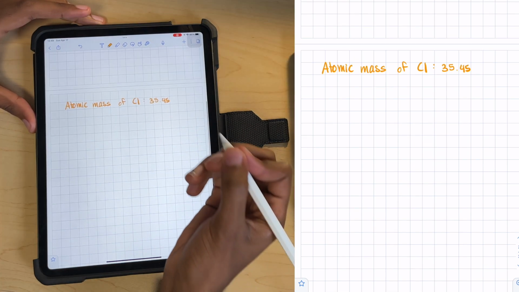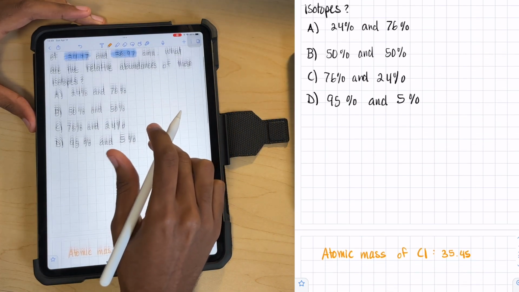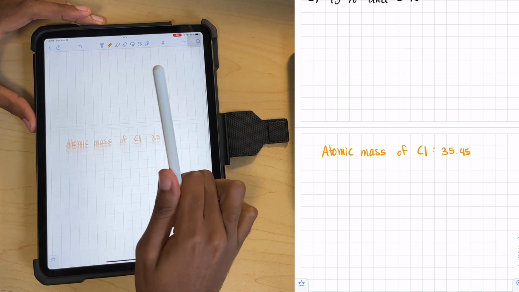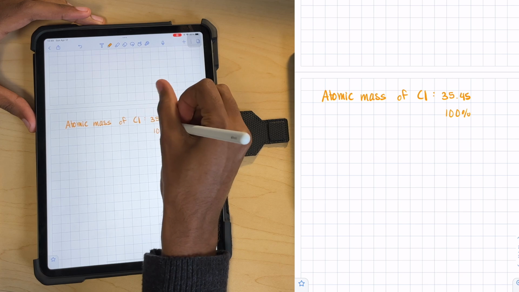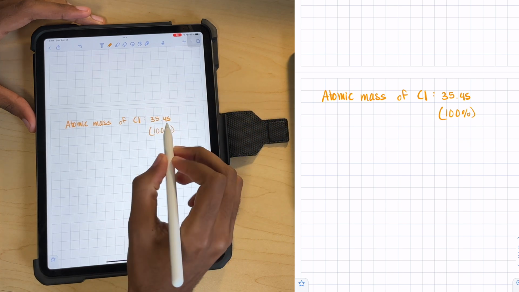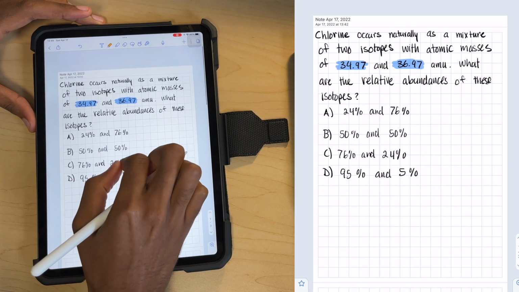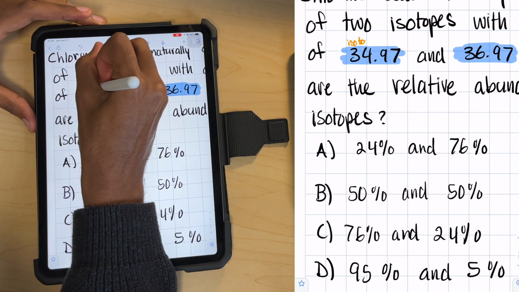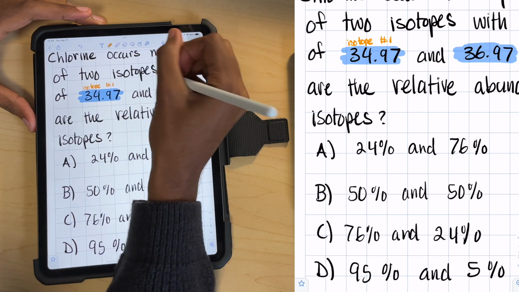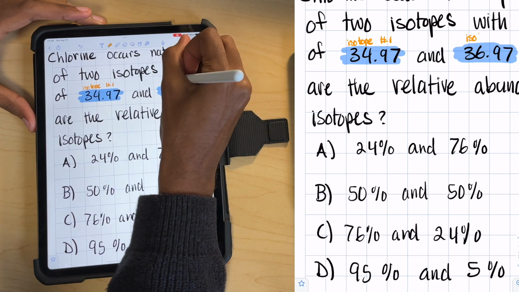Remember, this is basically the combination of these two isotopes, percentage-wise. So we can put 100% to help you understand that. This is isotope number 1, and this is isotope number 2.